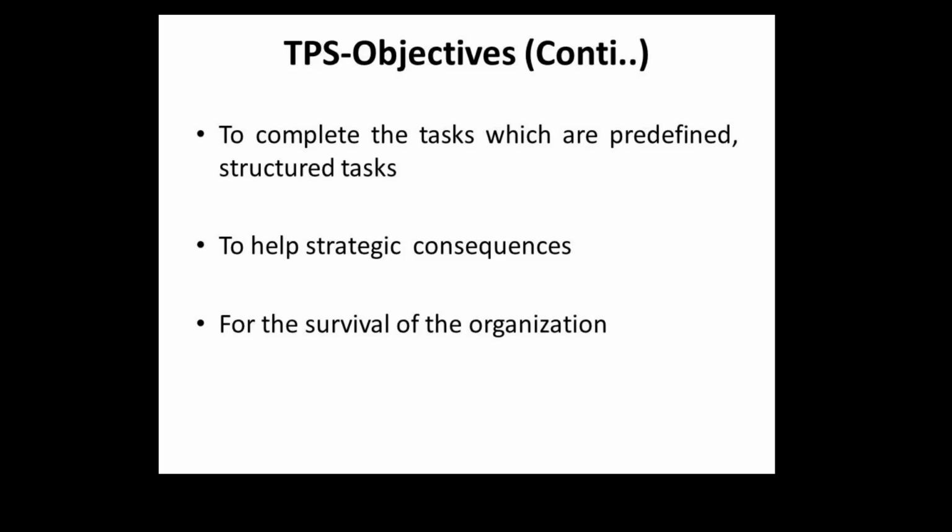And the last objective of TPS is the survival of the organization in the business environment. It means the main purpose of adopting these technologies in the business entity is mainly to improve efficiency, quality, and to reduce time consumption and achieve cost efficiency.